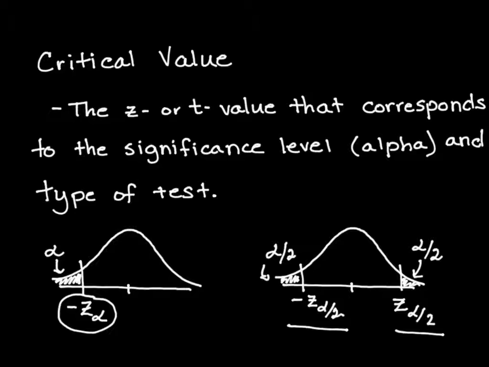So it can be either z or t. It could be positive or negative. And then in a two-tailed test, we have the two critical values that we're going to have to find. So let's take a look at a couple of examples, and in the examples I think it will be a lot more understandable.